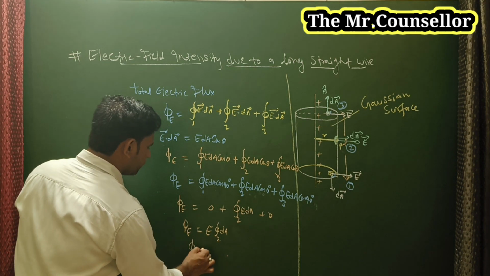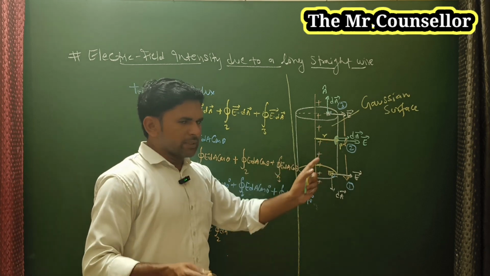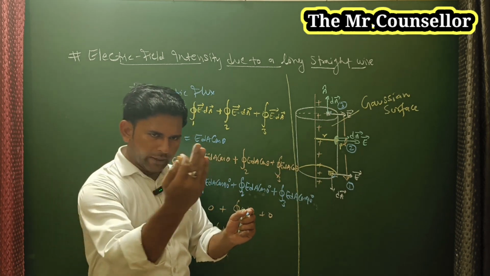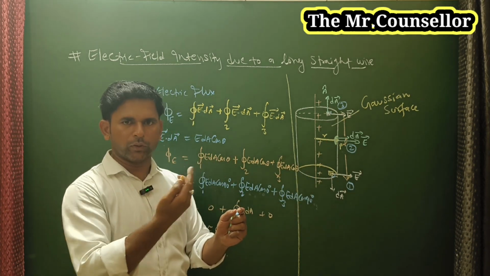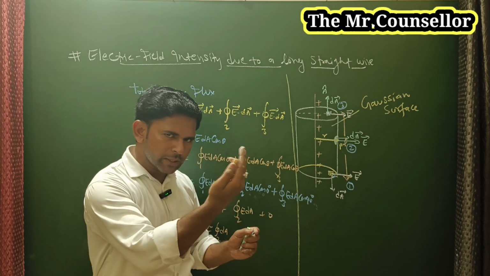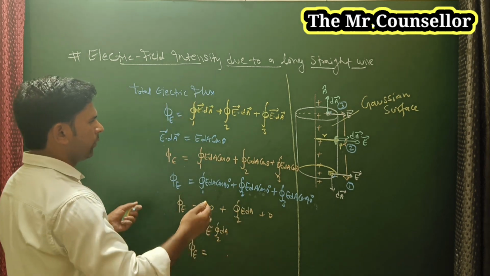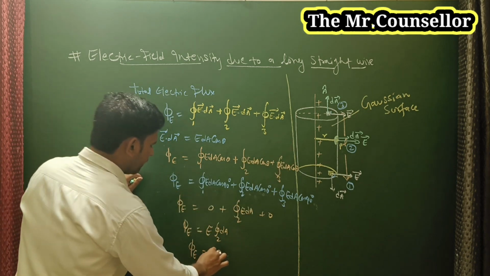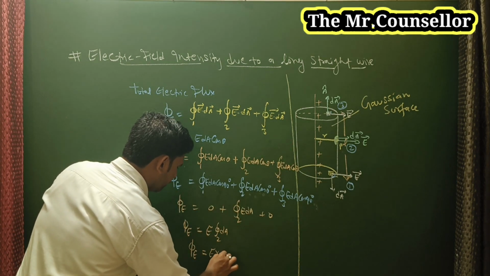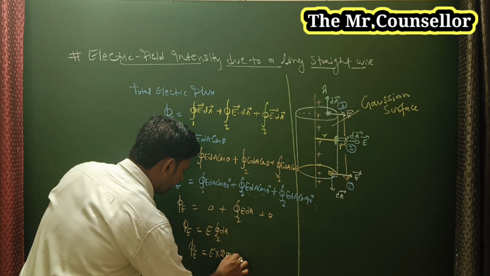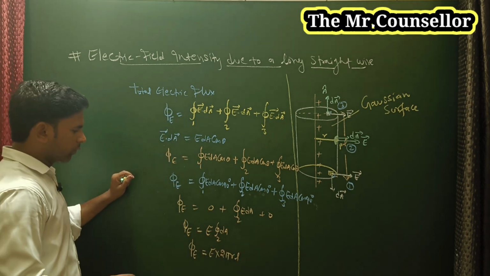So phi E is equal to, it is a cylindrical area like this. You are considering a cylinder, so you will take the surface area of the cylinder. So you can write E into 2 pi r L. Yes or no?